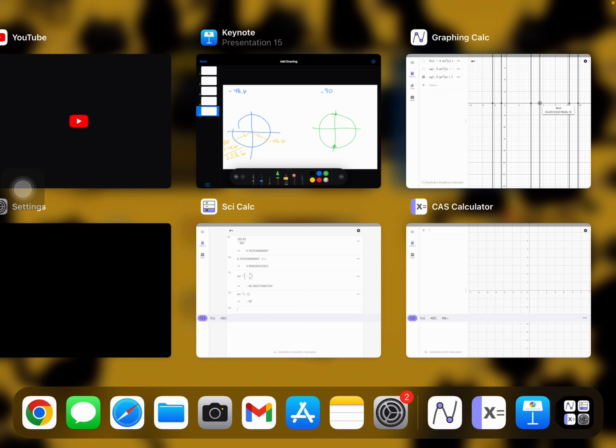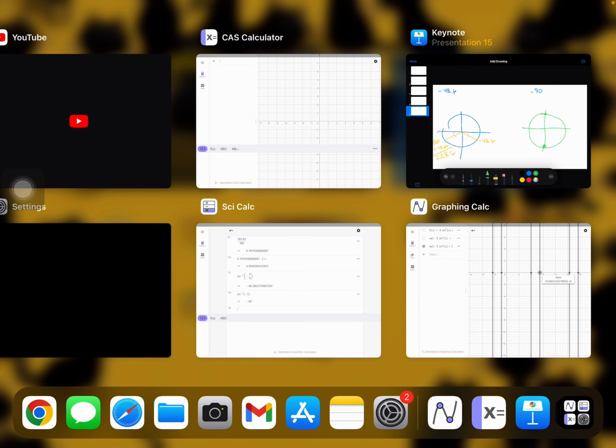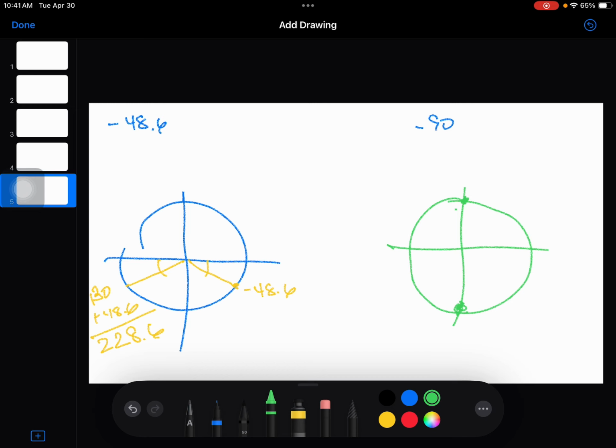Now let's take those values there, negative 48.6, 228.6, and see if we can make sense out of the graph. So negative 48.6 is in fact a positive number. We're going to have to say 360 minus 48.6, and then we're going to divide that by 360.